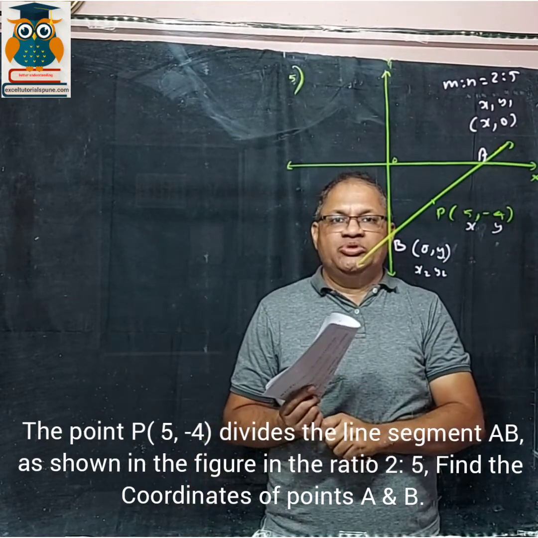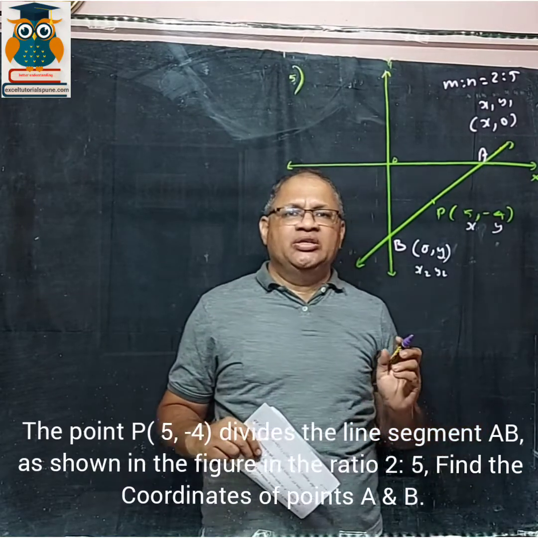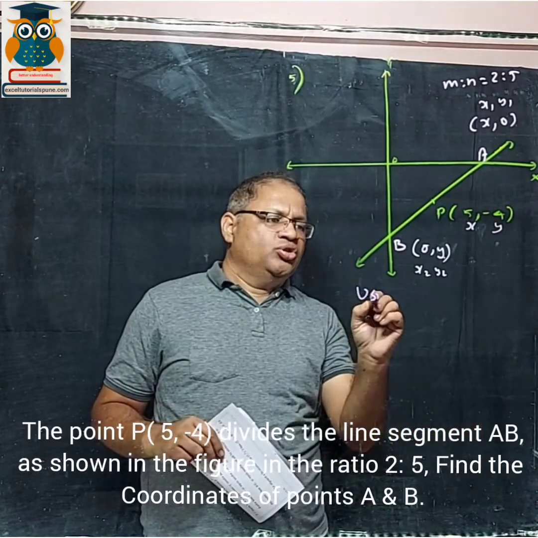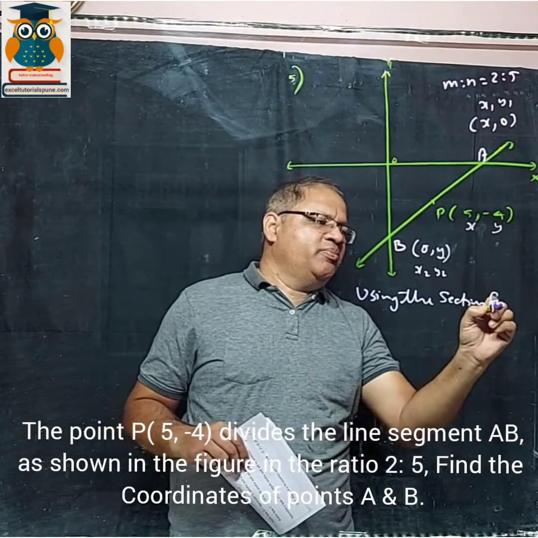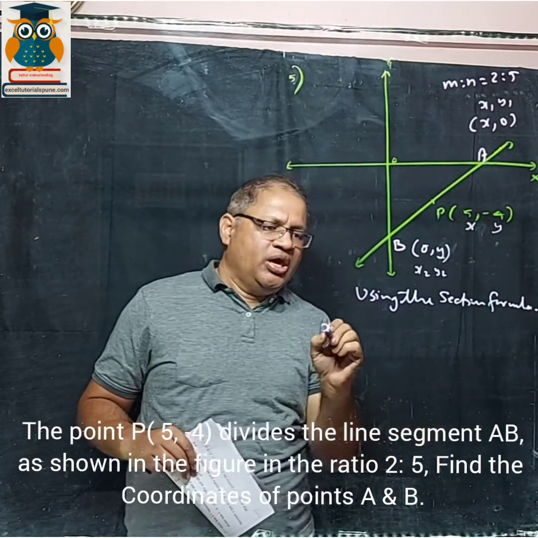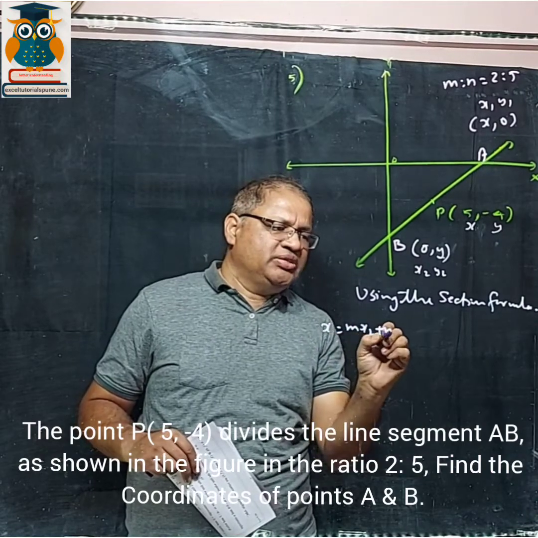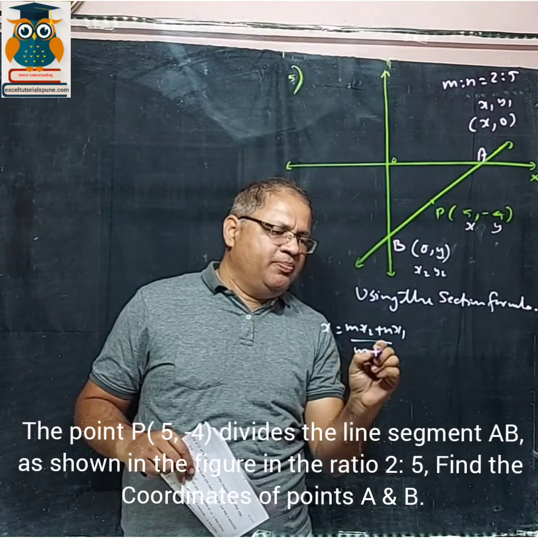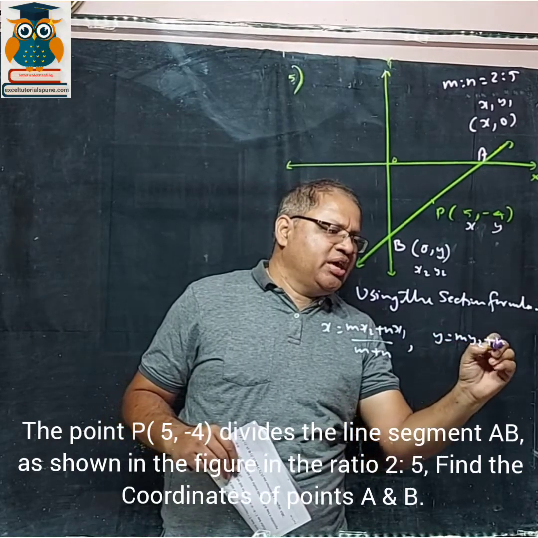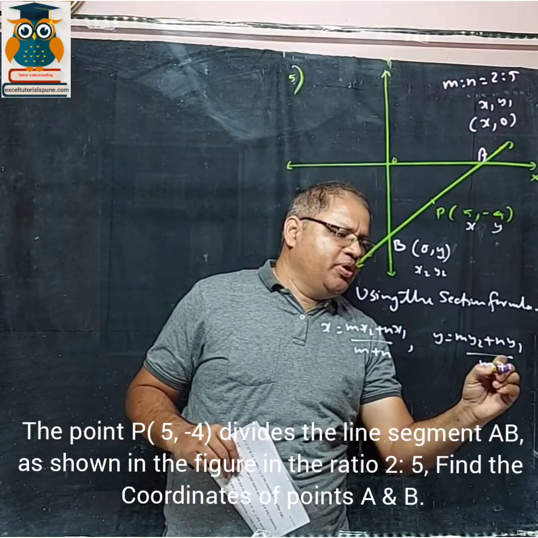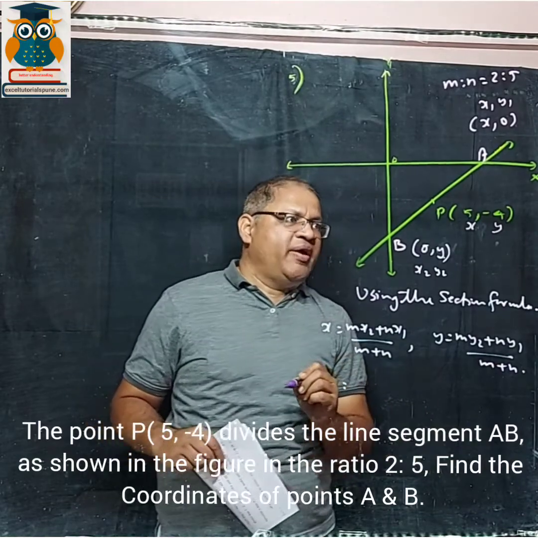Now the ratio comes in the question. You have to use the section formula. So using the section formula, x is equal to mx2 plus nx1 upon m plus n, y is equal to my2 plus ny1 upon m plus n. Now substitute the values.